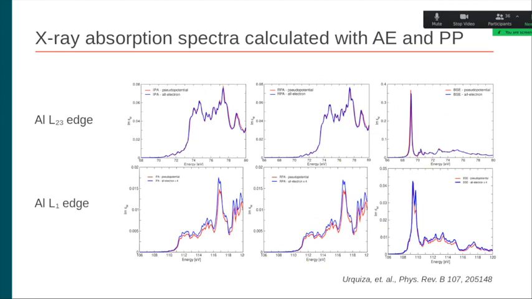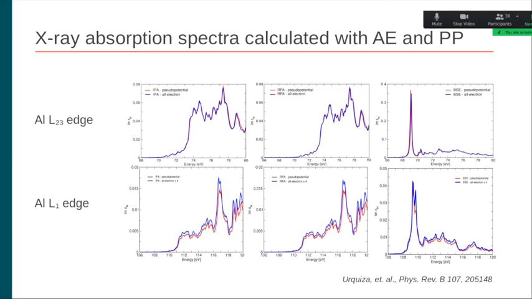Okay, so this concerned the first question that we wanted to answer. And now the second question is whether we could use the pseudopotential code to calculate the RIXS. Before studying RIXS directly, we also have to compare the results in the case of X-ray absorption, because we know that the absorption can be understood as an intermediate state of RIXS.